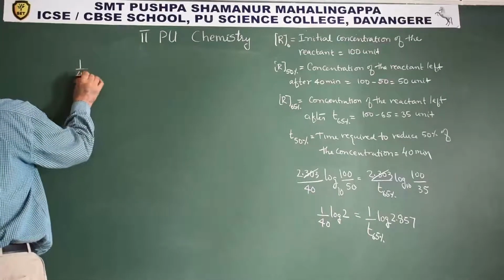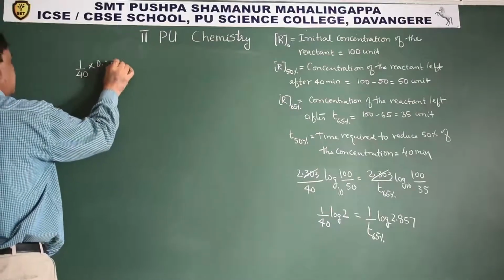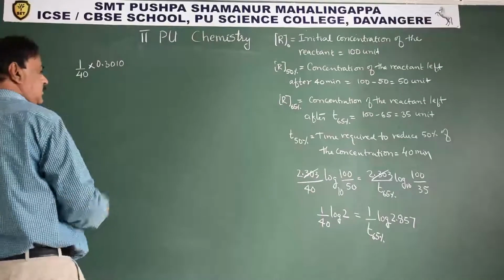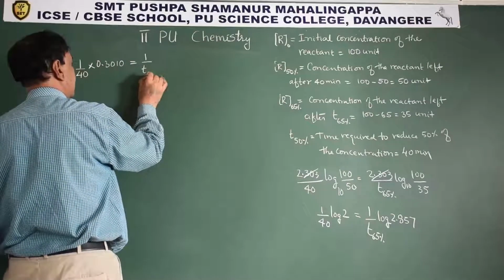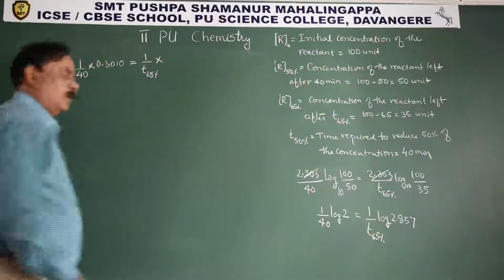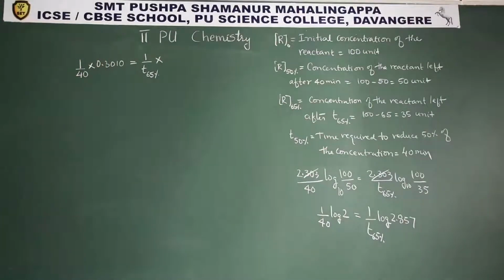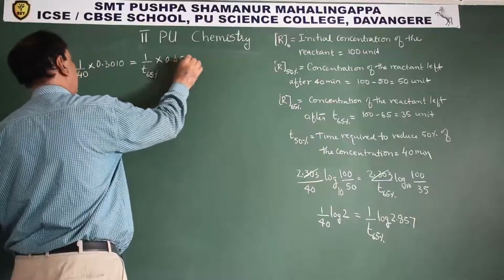One by 40 into log 2 is equal to 1 divided by T65% into log 2.857.